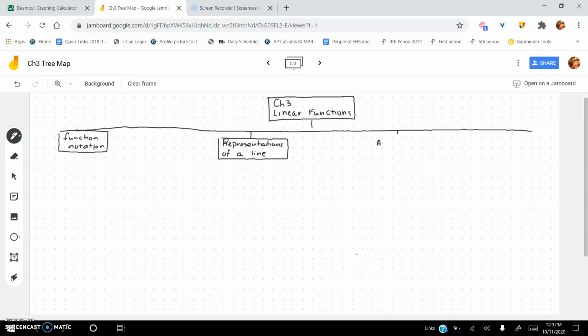Arithmetic sequences. And linear regression.